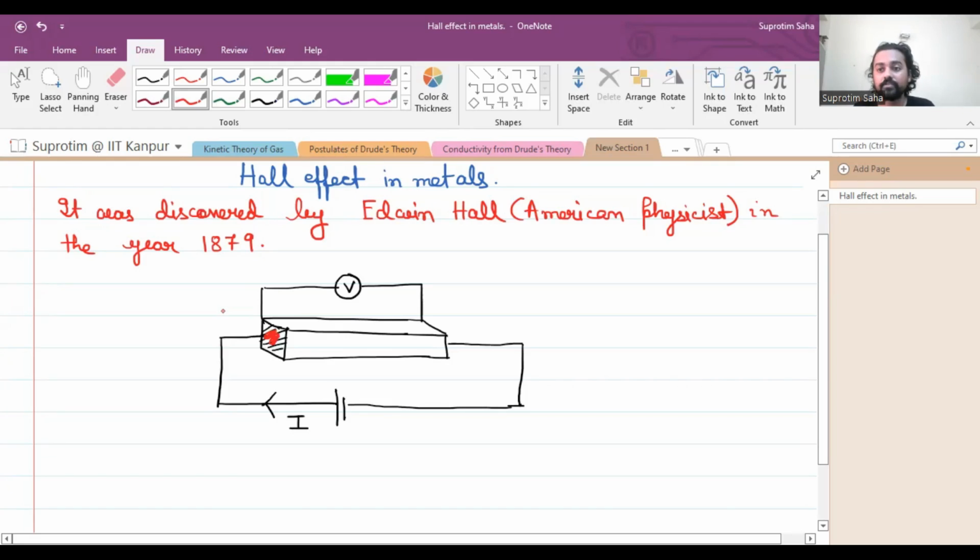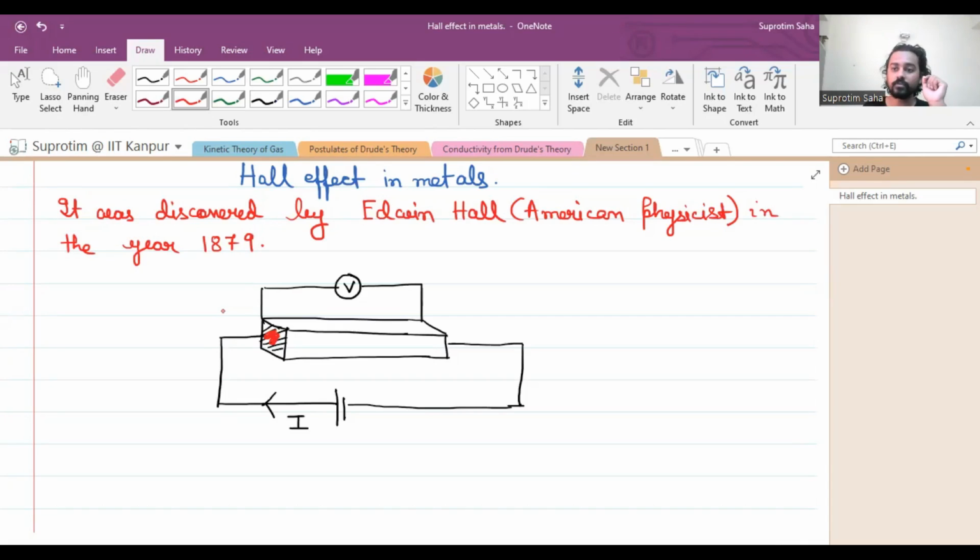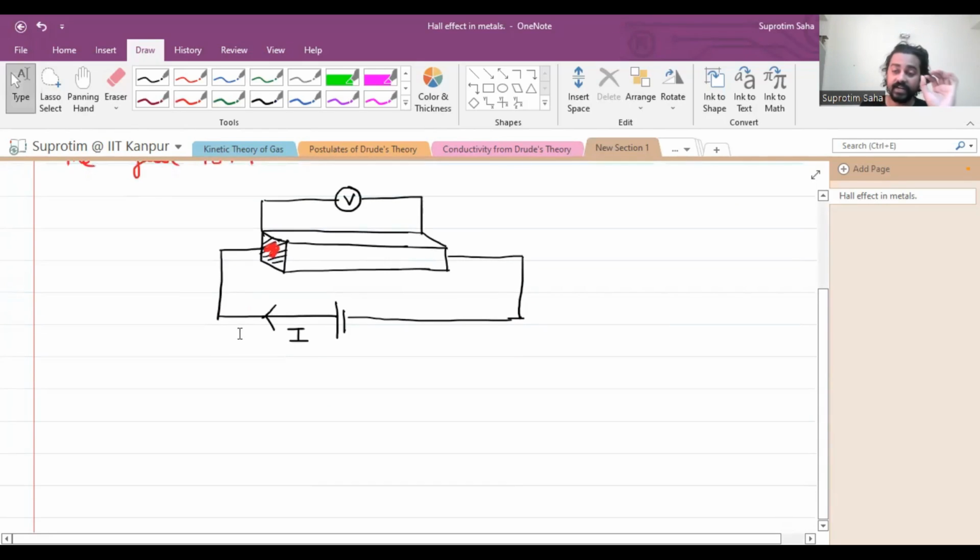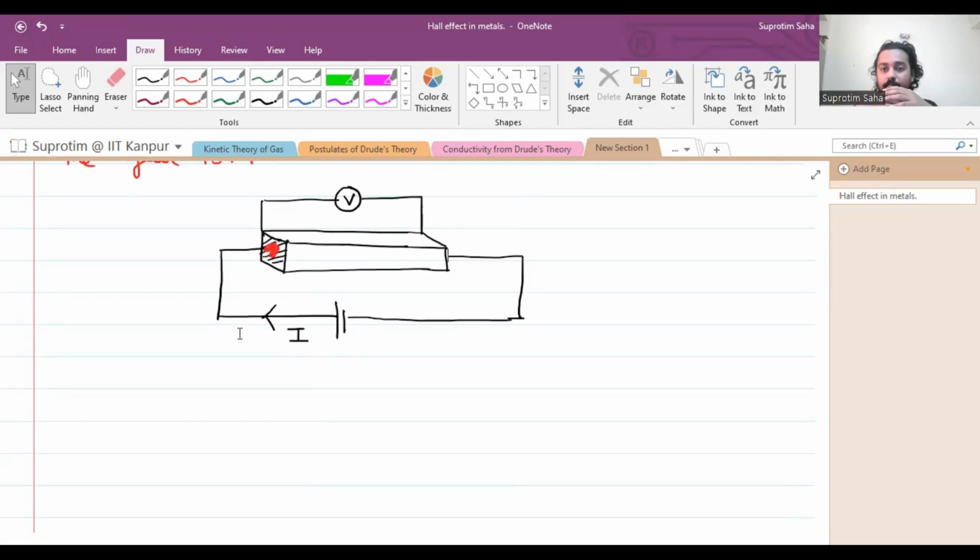What Hall was trying to look at is, does an application of a magnetic field change the path of the charge carriers so that it creates an additional resistance in the resistance you observe? He didn't observe it, but as you study in the later part of the course, application of a magnetic field does affect the longitudinal resistance.